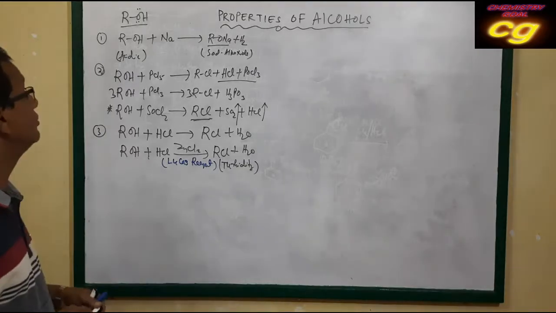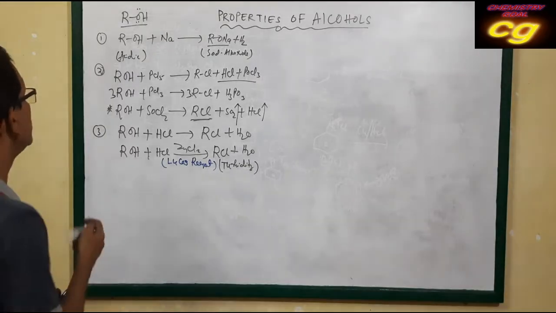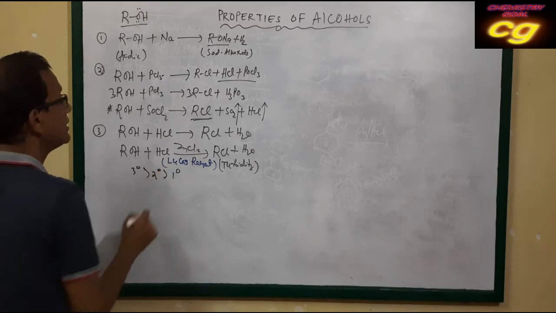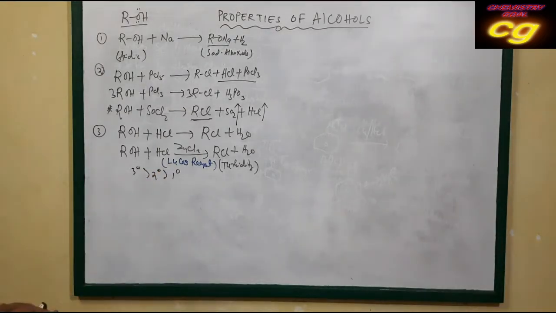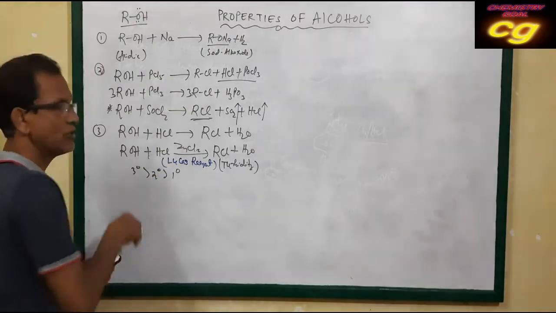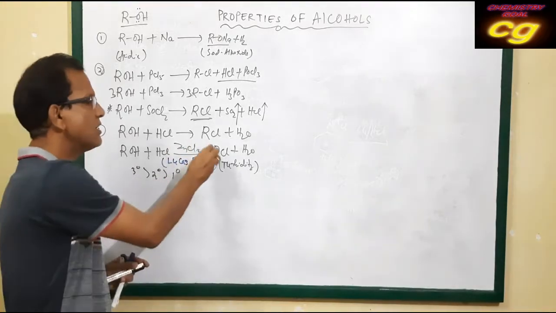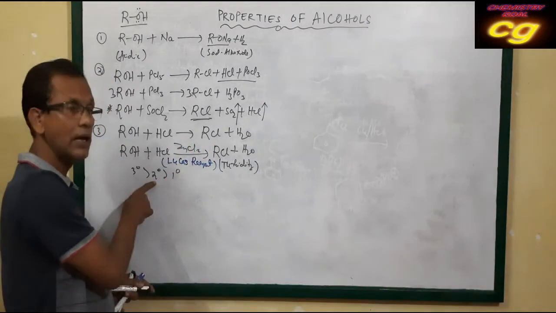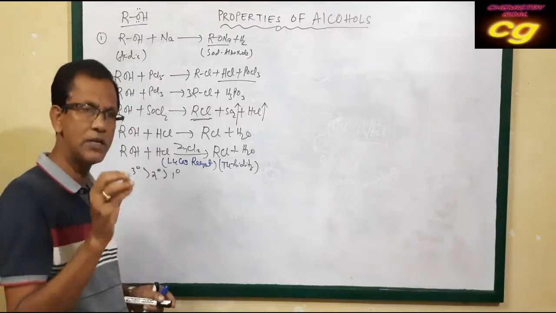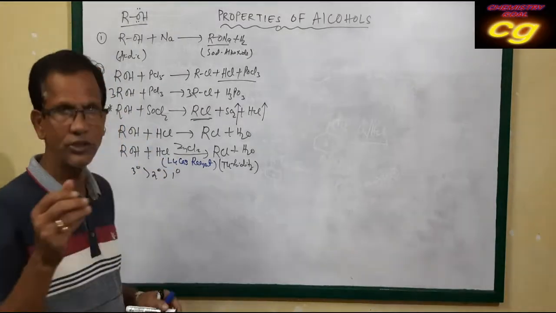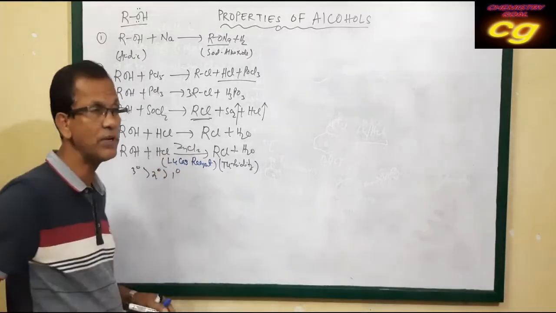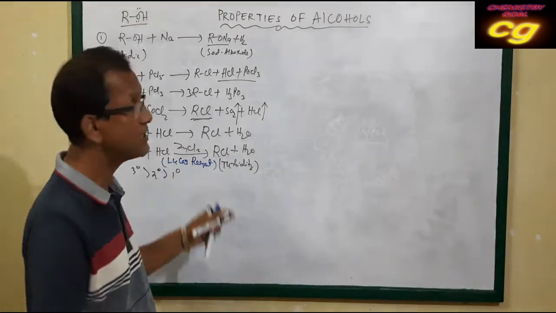Here the reactivity of alcohol is tertiary greater than secondary greater than primary. In all cases the result will be haloalkane, but tertiary alcohol gives immediate turbidity, already discussed in the haloalkane chapter. Secondary alcohol gives turbidity after some time. Primary alcohol gives turbidity only on heating.